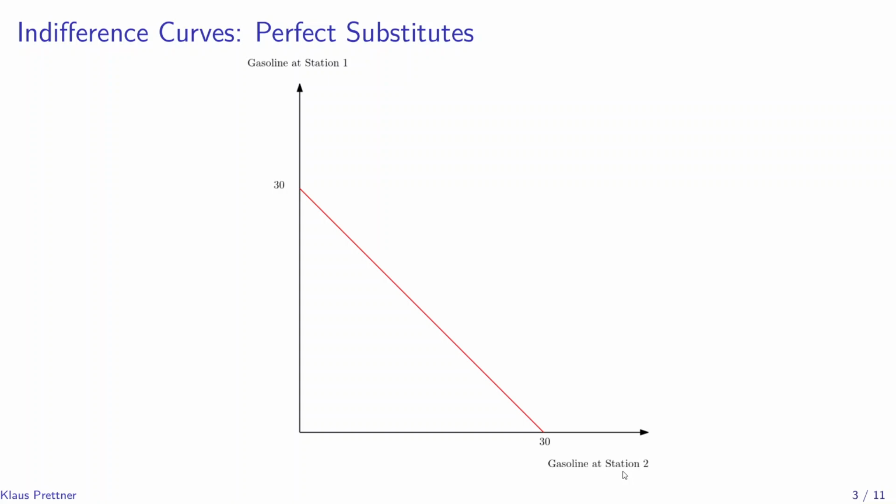That would be straightforward. All these points along this line are consumption bundles for which you as a consumer are indifferent. So you would be indifferent between filling up 30 times at station 1 and 0 times at station 2, or the other way around, or 25 times at station 1 and 5 times at station 2, and so on and so forth.